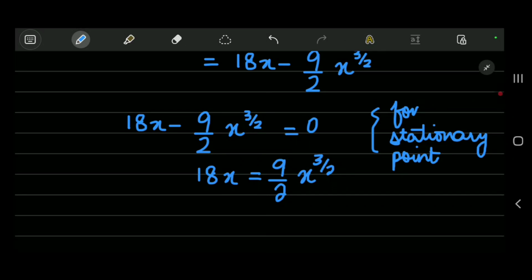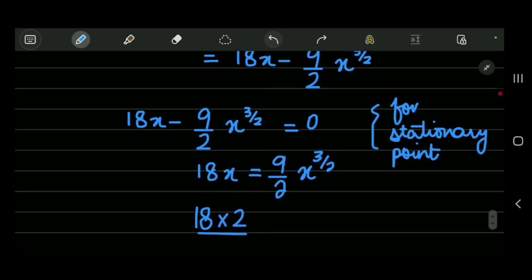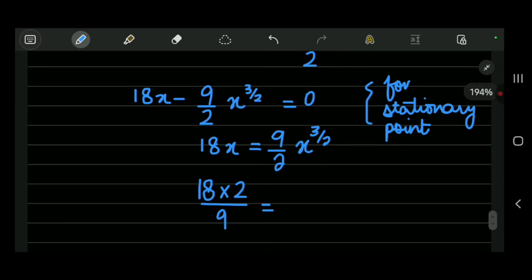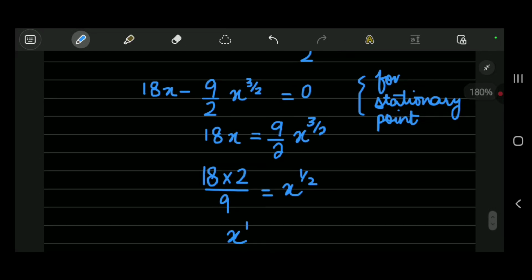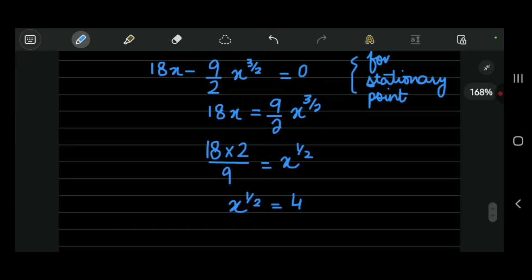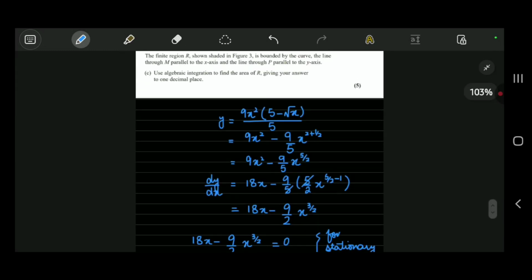So 18 times 2 over 9 is equal to x to the power 1 over 2. So this is giving you x to the power 1 over 2 equals 4. So taking square on both sides, it gives you x equals 16.